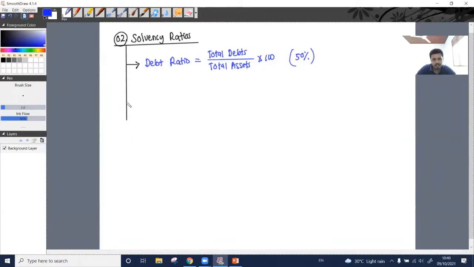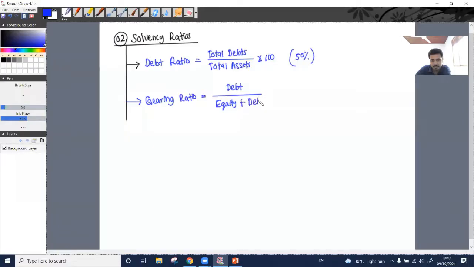What else? Debt ratio, and we have gearing ratio. How to compute this gearing ratio? That is debt divided by equity plus debt.